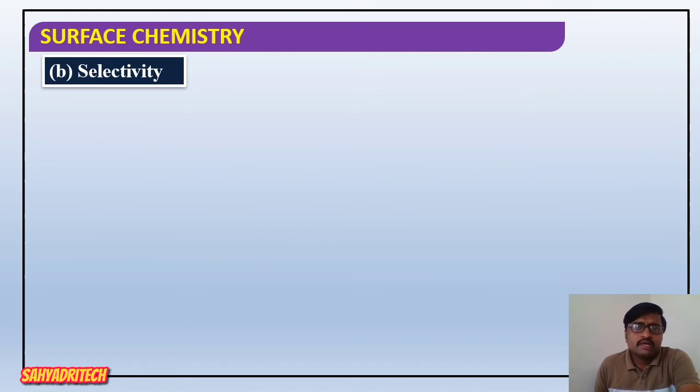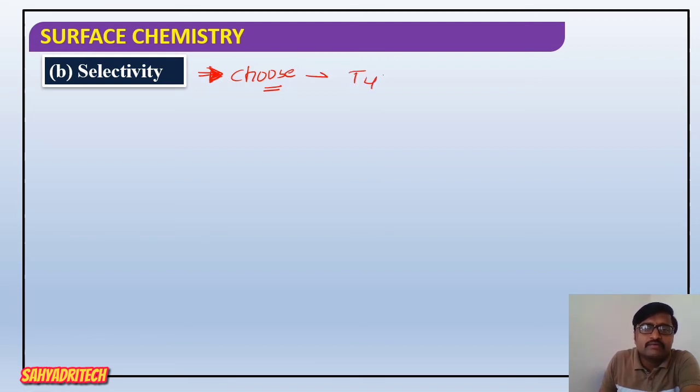Now coming to the second feature of a catalyst, what is that? Selectivity of a catalyst. Here select means choose. So selectivity, usually we can understand it as: it selects the type of product formed.